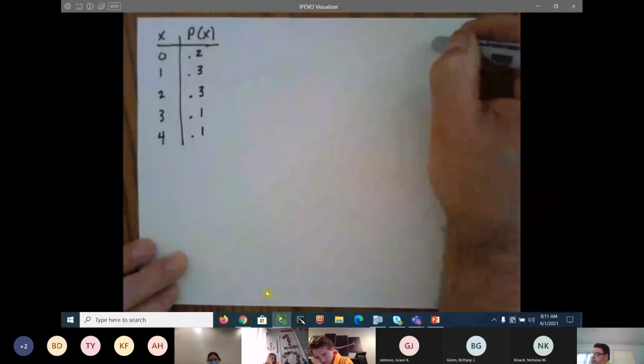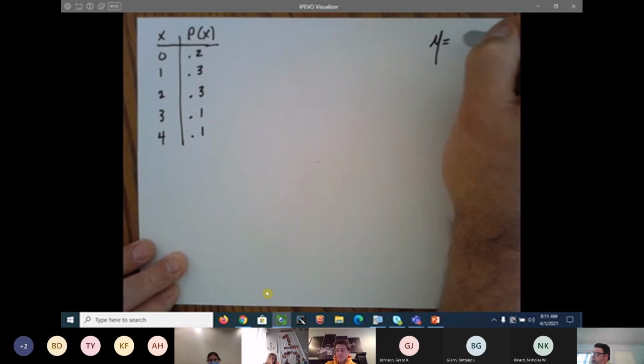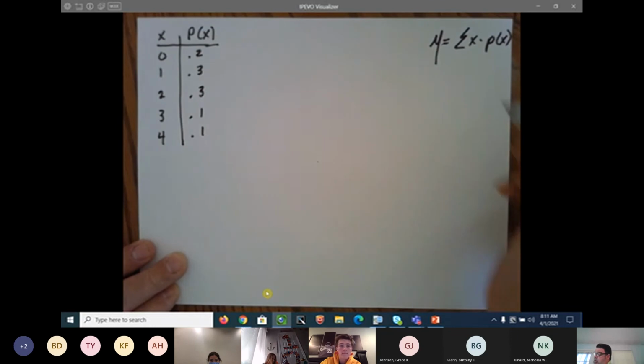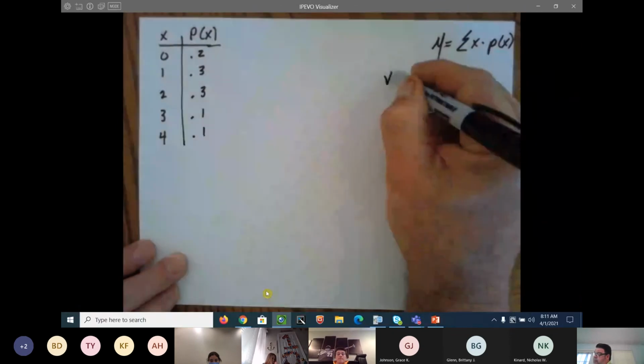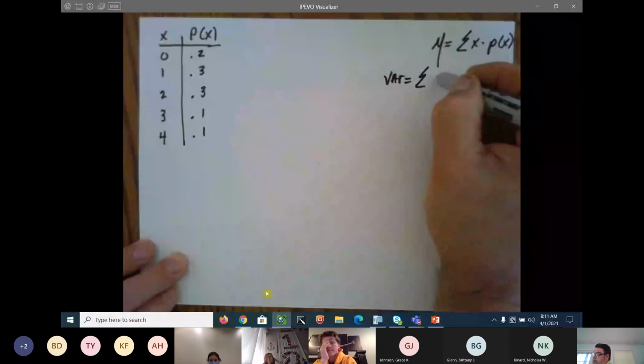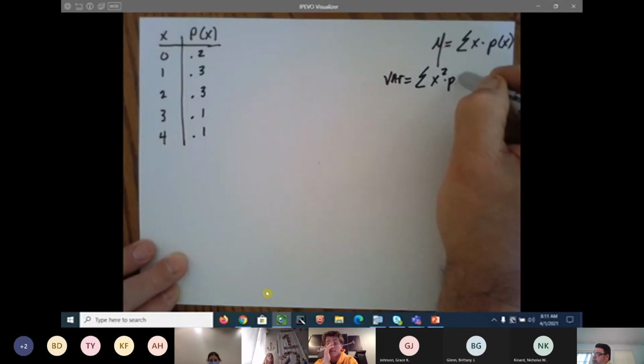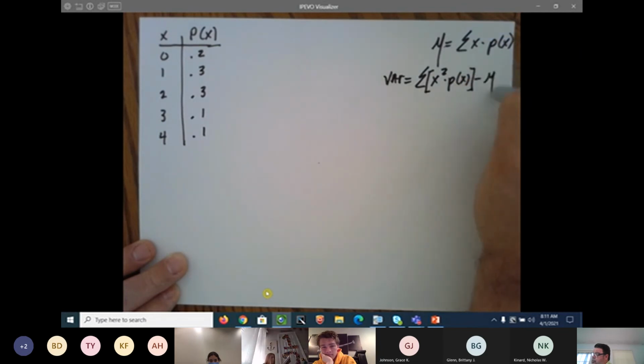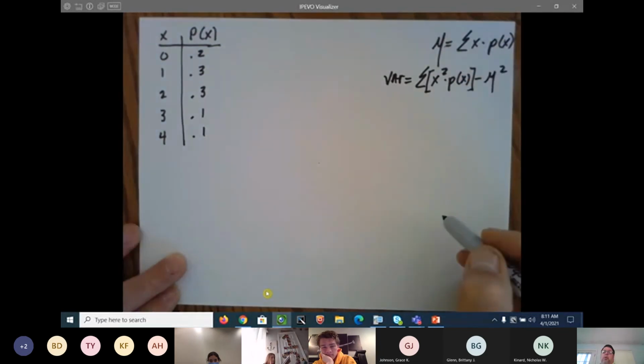The mean is equal to the summation of X times P of X. And the variance is equal to the summation of X squared times P of X minus mu squared.